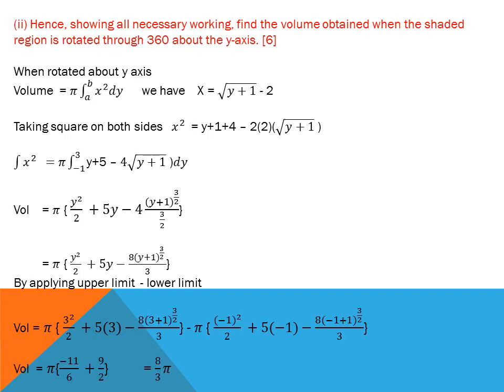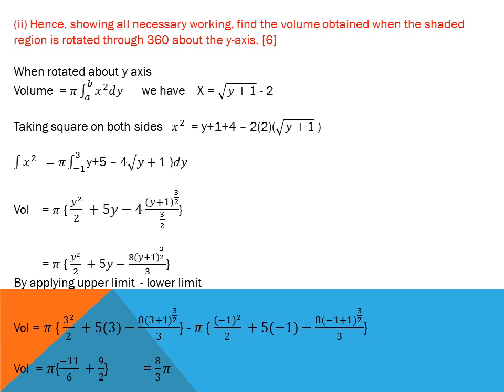In the next part, showing all necessary working, find the volume obtained when the shaded region is rotated through 360 degrees. When the shaded region is rotated about the y-axis, x square should be the subject in the case of volume. So the volume is equal to pi integral from a to b of x square dy, where b means the upper limit and a means the lower limit.